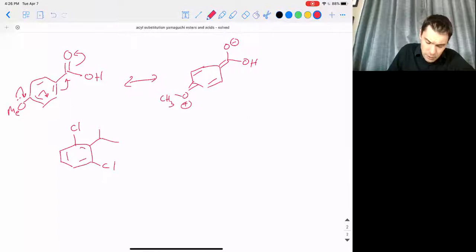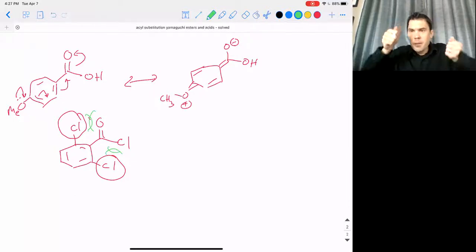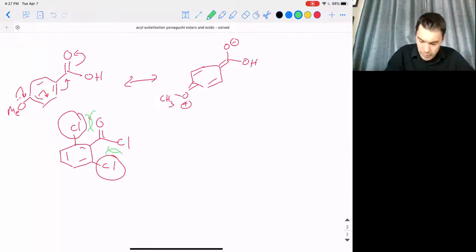And so in the Yamaguchi system, if we actually have this acid, these chlorides are quite large, and they're going to start bumping into the flanking ortho groups. And because of that, that carbonyl is going to have to twist out of the plane.